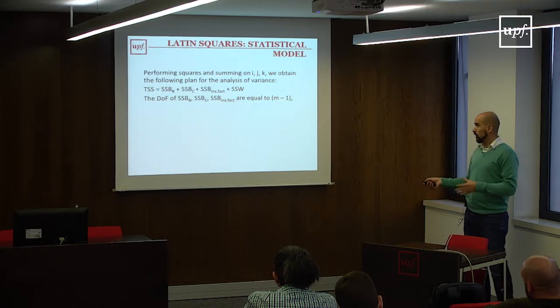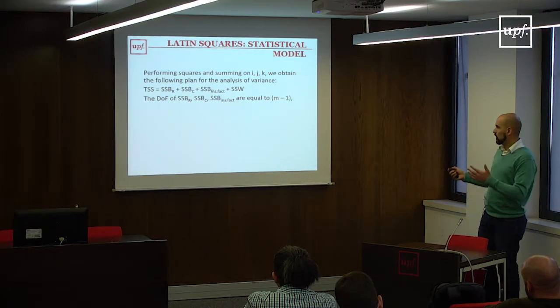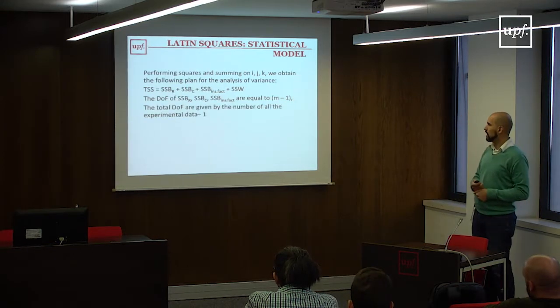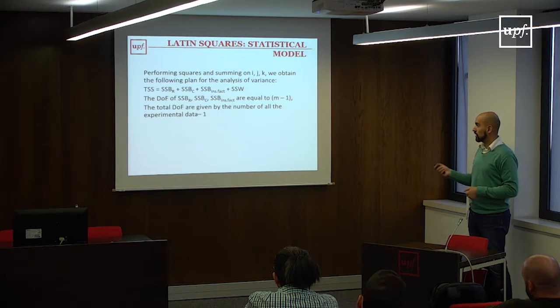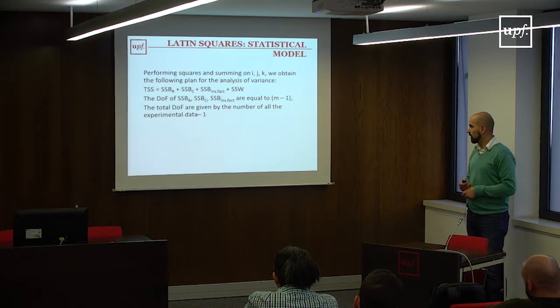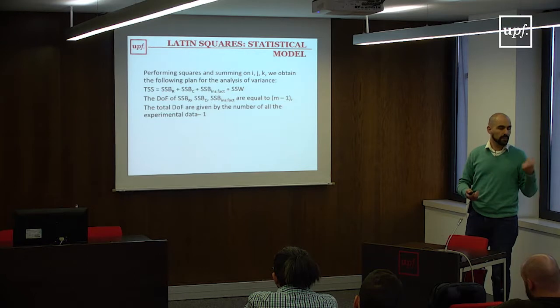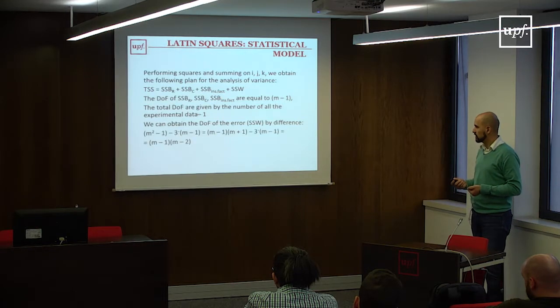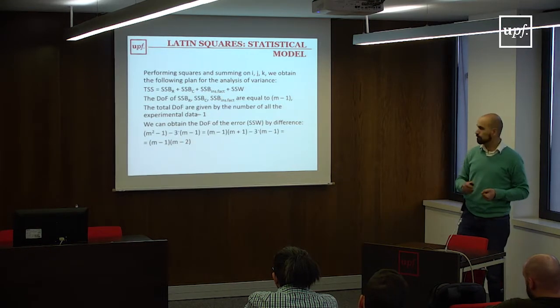The degree of freedom of each of the factors is equal to the number of levels minus 1, as we have already seen in the previous classes. The total degree of freedom is given by the number of all the experimental data minus 1. So we can obtain the degree of freedom of error by difference, and we obtain this.